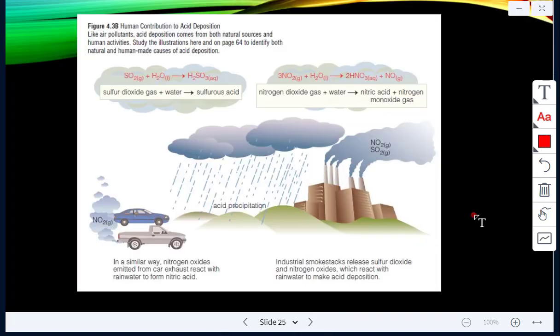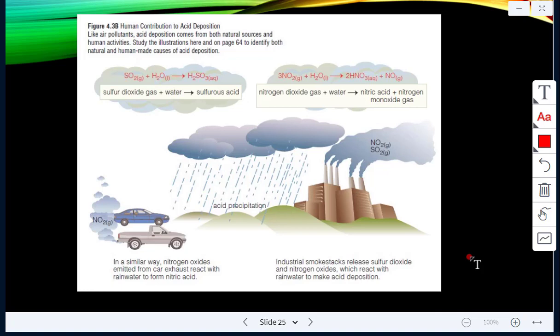Now, the human contribution to acid deposition is what we're looking at here. Like air pollutants, acid deposition comes from both natural sources and human activities. Looking at these two diagrams, for example, from vehicles, nitrogen oxides emitted from car exhaust react with rainwater to form nitric acid. And here, industrial smokestacks release sulfur dioxide and nitrogen oxides, which will again react with rainwater to make acid deposition.